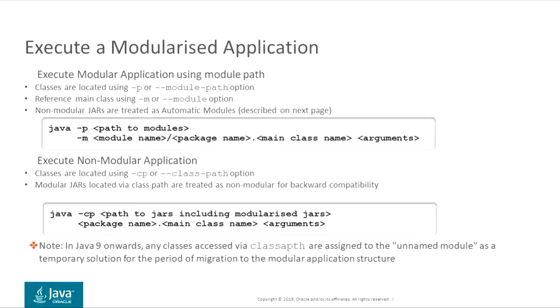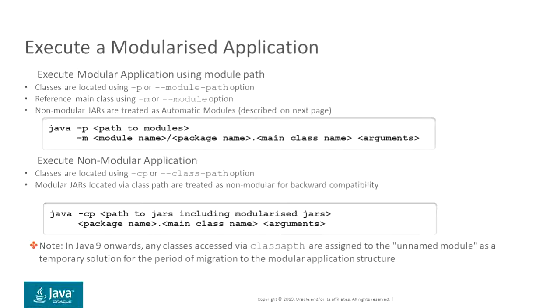If you have described the main class in that module, you don't have to put the package name and class name, just the module name. If you didn't describe the main class, then module name and then the package and class name. You could still use the class path.